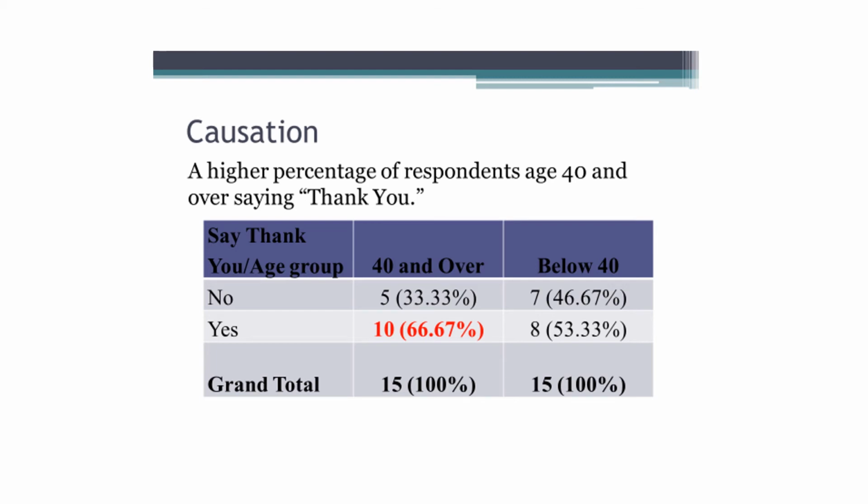More people, a somewhat higher percentage of folks 40 and above, are more likely to say thank you when somebody got the door for them. We see a more meaningful pattern of results. So this is another way we do controlling for, by separating our sample by age group.